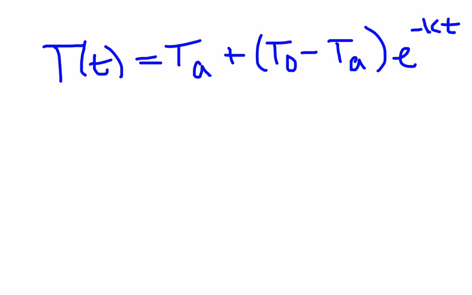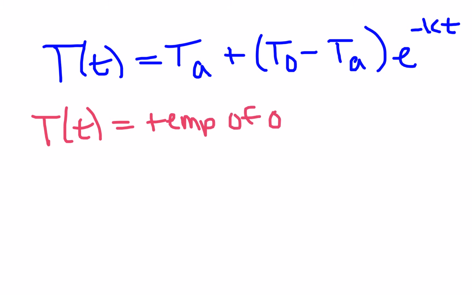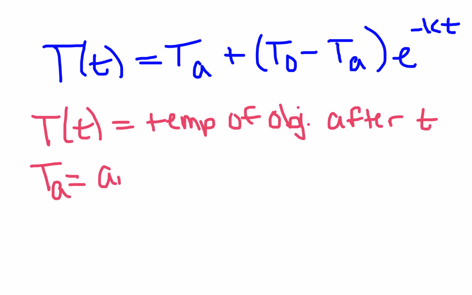Now every single thing in this formula means something. T(t) is the temperature of the object after a certain amount of time, after the t value you put in. T_A is your ambient temperature, and that is the temperature of your surroundings.